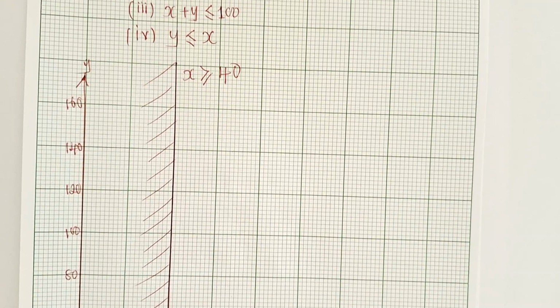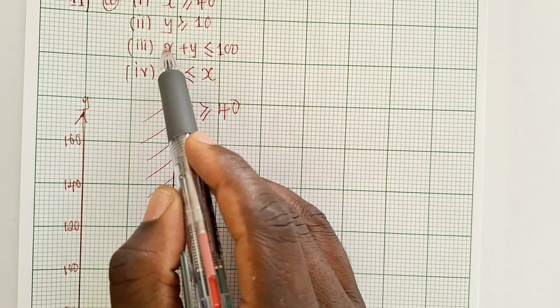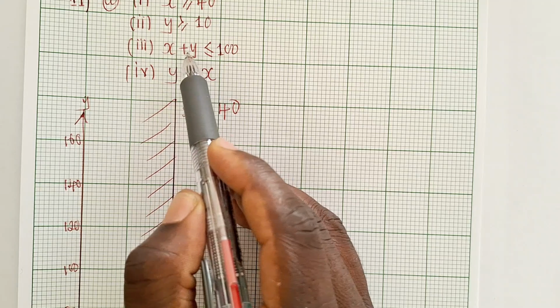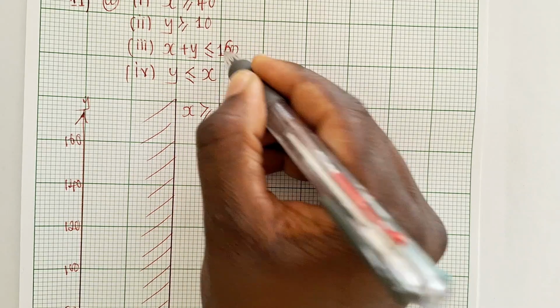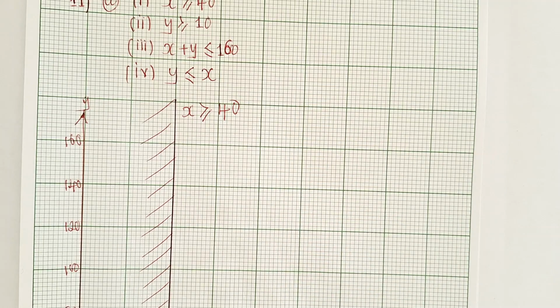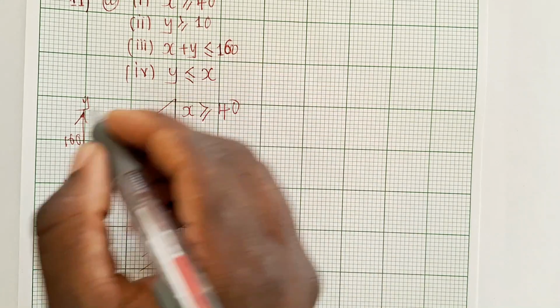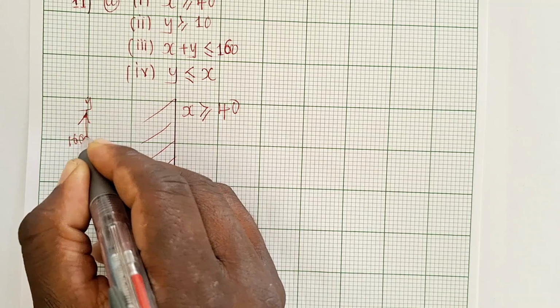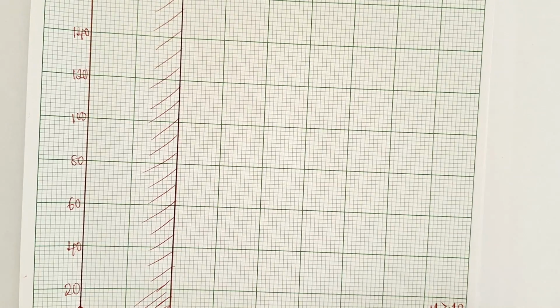The next thing here, when you see a letter just like this, x plus y, just follow. Here they said it's less or equal to 160. So you just go to where 160 is on the y-axis and also on the x-axis.